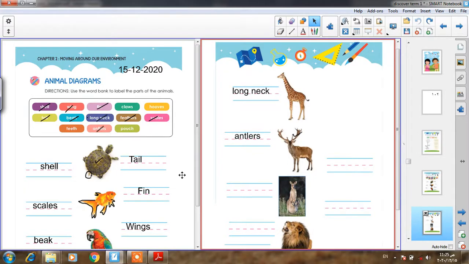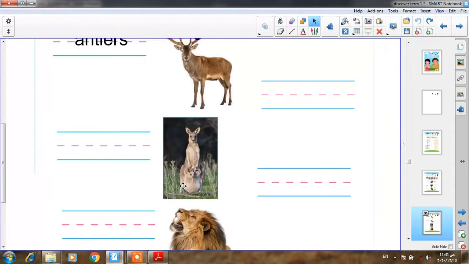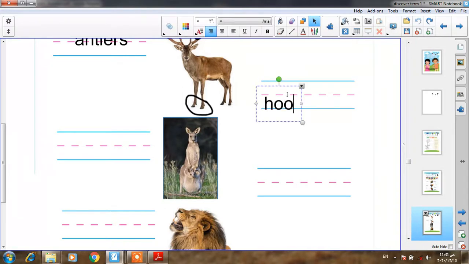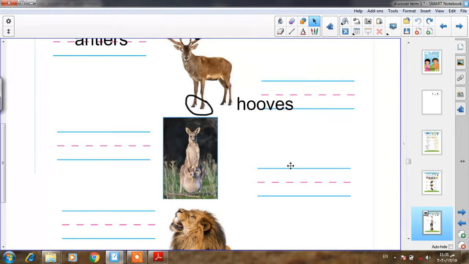Okay. Second, look at this, what is it called? Yes, hooves. Excellent.